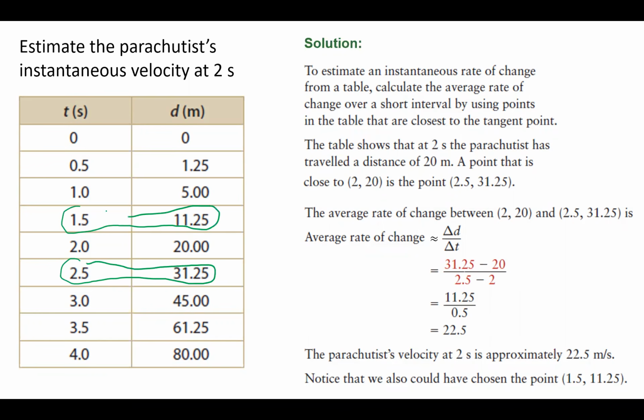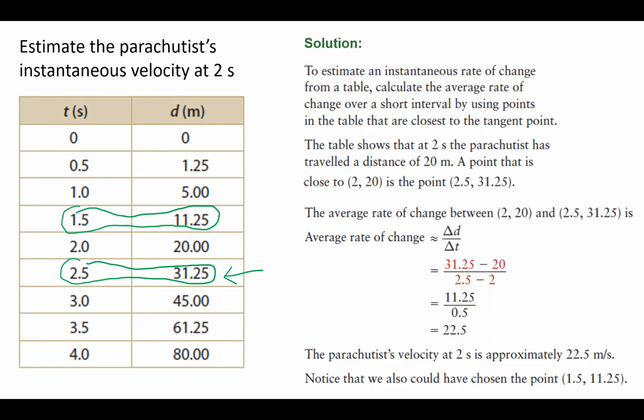Note here, both of these 2 points are at a distance of 0.5 from the point 2.0. So whether it's before this point or after this point, the interval is 0.5 in both cases. So we can choose either one. For example, let's choose this point here to calculate the approximation of the instantaneous rate of change.